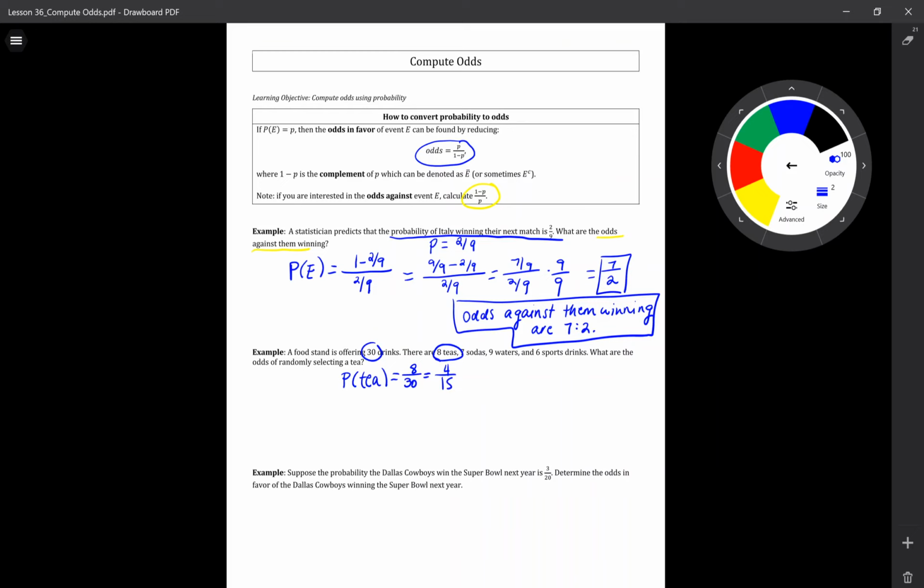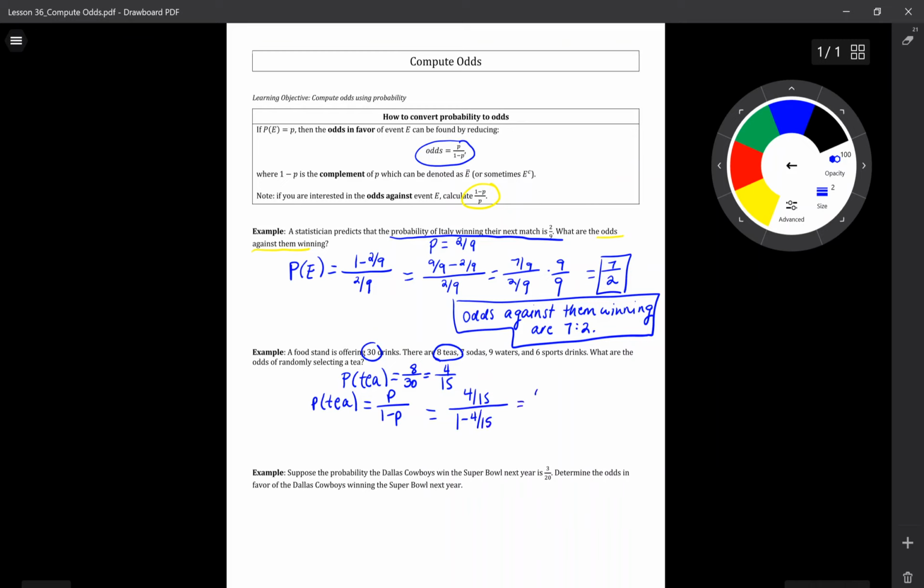Because I want the odds in favor, I need to use P of T divided by 1 minus P of T. So this is the probability, 4 over 15, divided by 1 minus the probability.